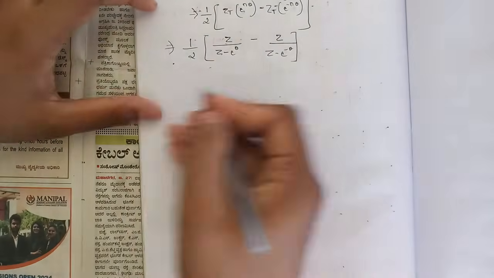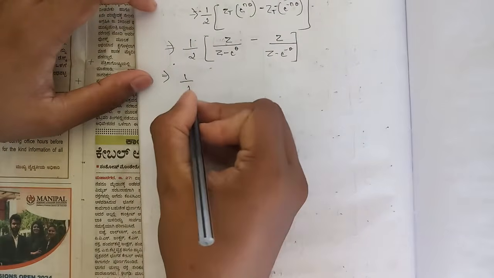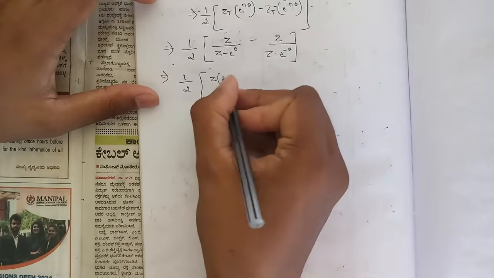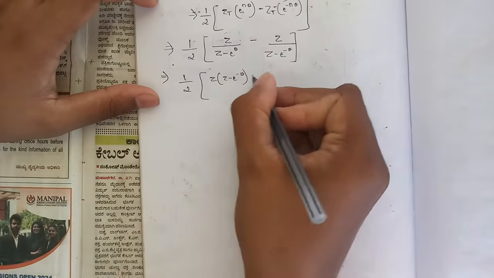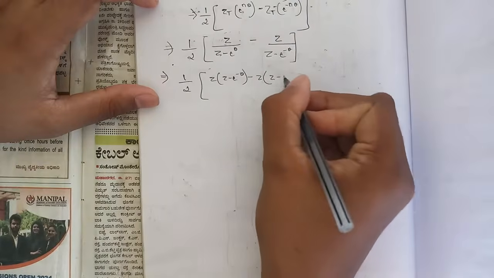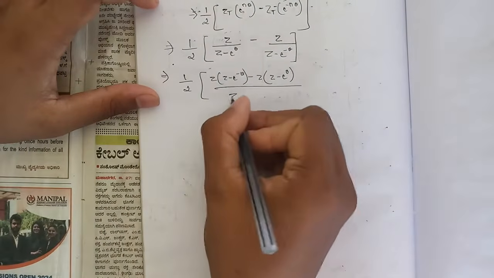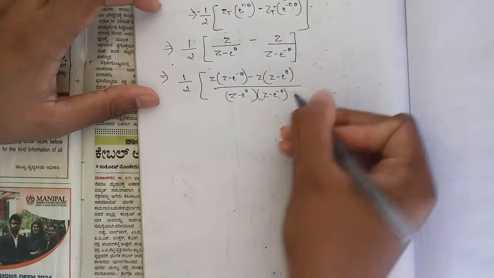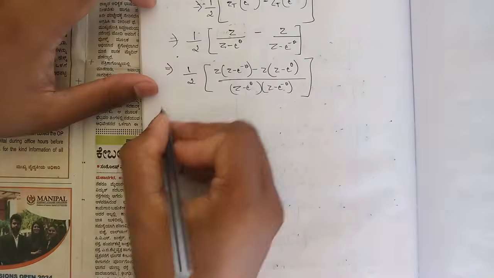So the same thing, we need to simplify this. I am going to do it quickly now. Cross multiply: z into z minus e power minus theta, minus z into z minus e power theta, divided by z minus e power theta into z minus e power minus theta.